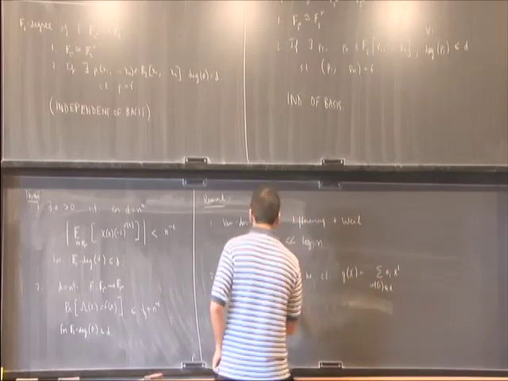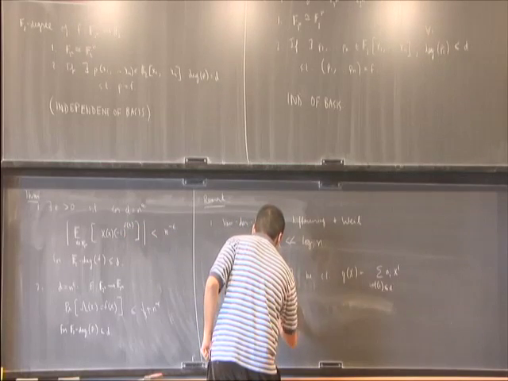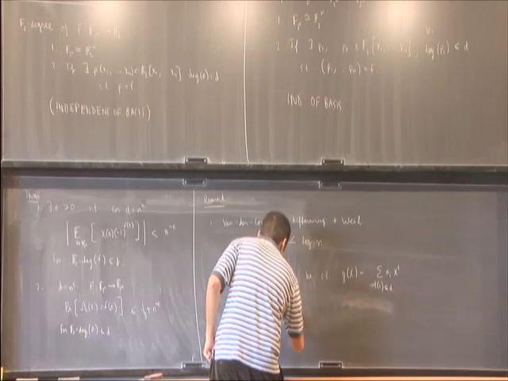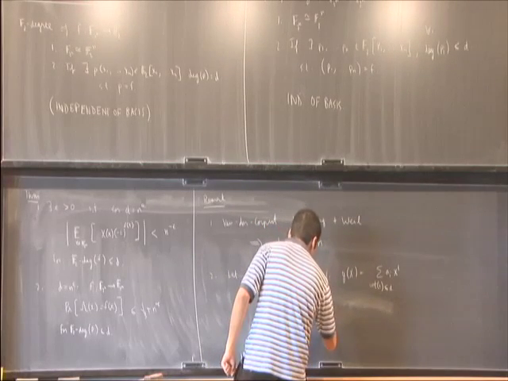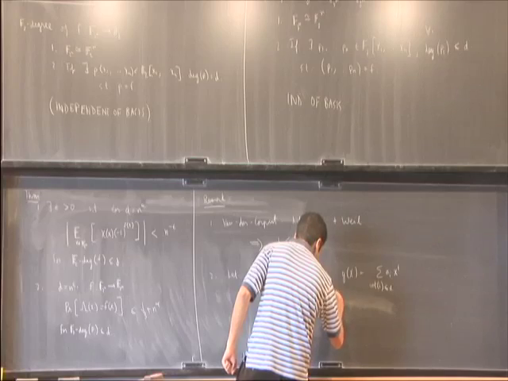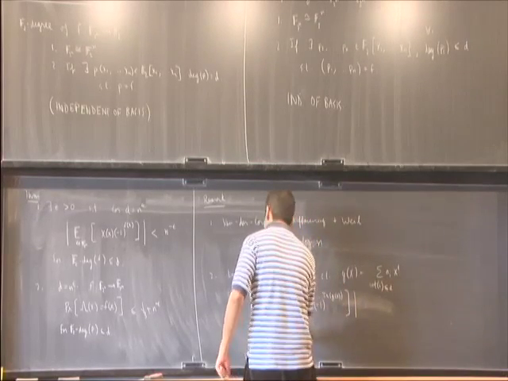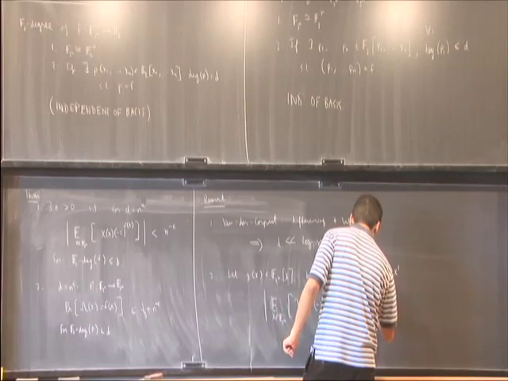Then the claim is that the expected value over x in F2^n of chi of x times (-1) to the trace of g of x is bounded by n to the minus epsilon.